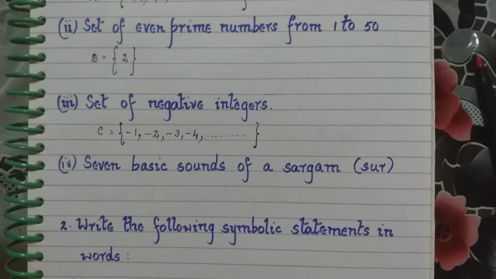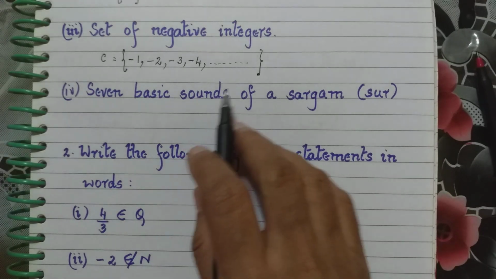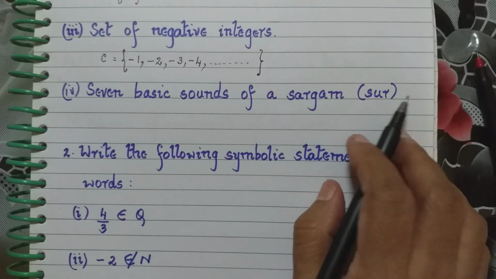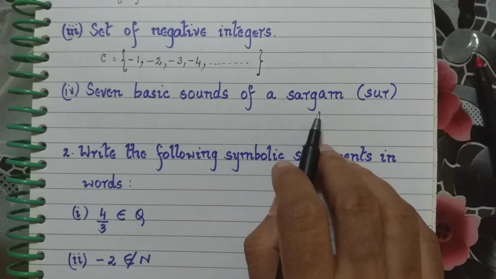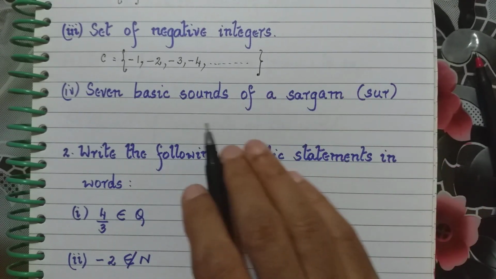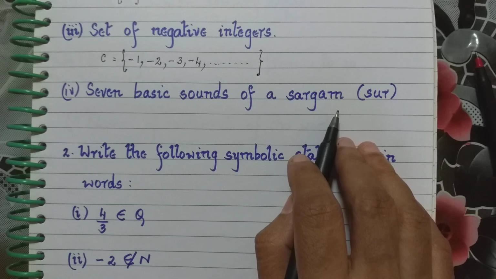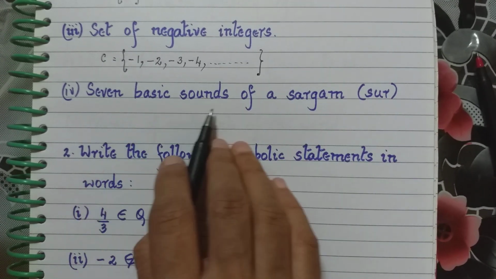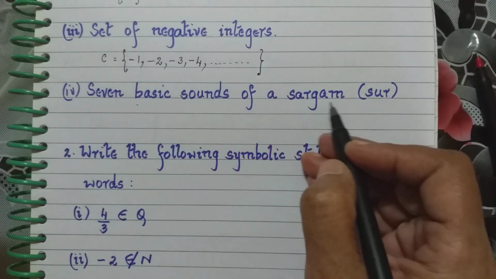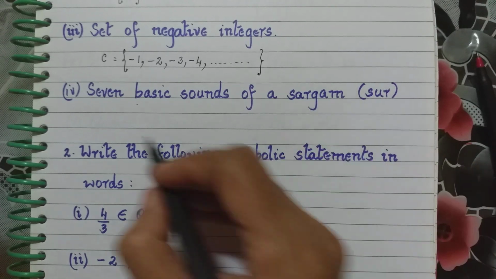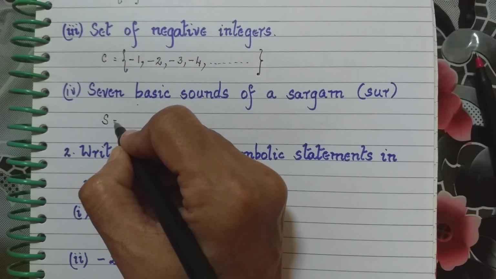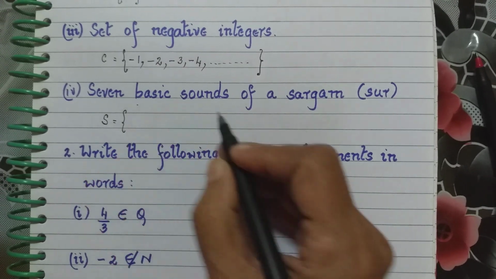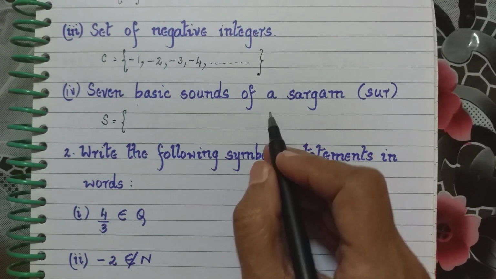Now, coming to the next set, which is the 7 basic sounds of a sargam. It is called a sur, which all the basic sounds together forms a sur. Those who have learnt music will know this very well. Because it is the sounds and it is referring to sargam, we will represent it by the capital letter S. Now, what are those basic sounds?